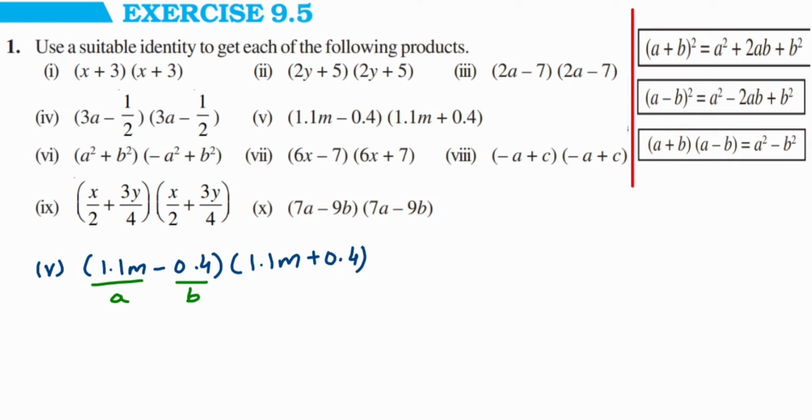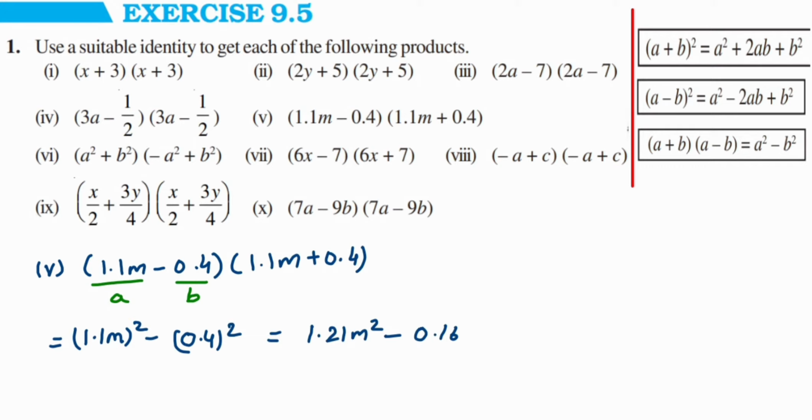So from here we'll get (1.1m) square minus b, b is 0.4, so (0.4) square. When you open the brackets, (1.1m) square is 1.21m square and (0.4) square is 0.16. That's it. This is the answer for the fifth question.